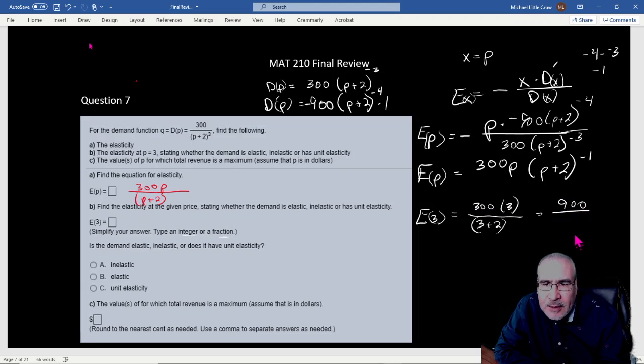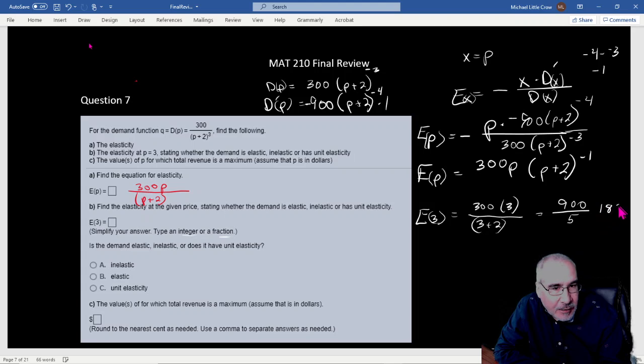and so we get 900. Really? Did I do all this right? Just doesn't seem right. 3 plus 2 is 5. 5 goes into 900. That goes into 9 once. 4 left over. Goes into 48 times.